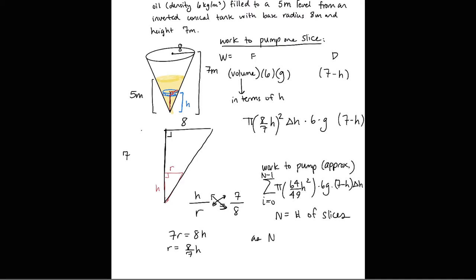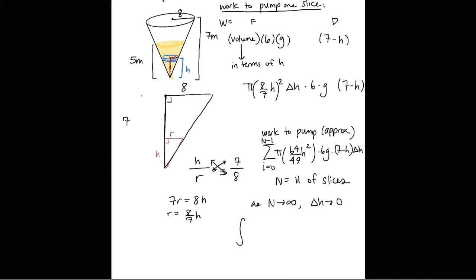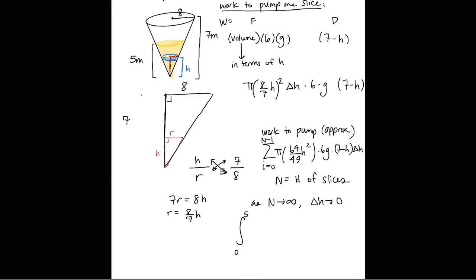And as n goes to infinity, you guessed it, the thickness of the slices goes to 0. And we get the integral from a height of 0, because you're pumping liquid at the bottom, clear up until a height of 5. And then this becomes, let's pull all the constants out.